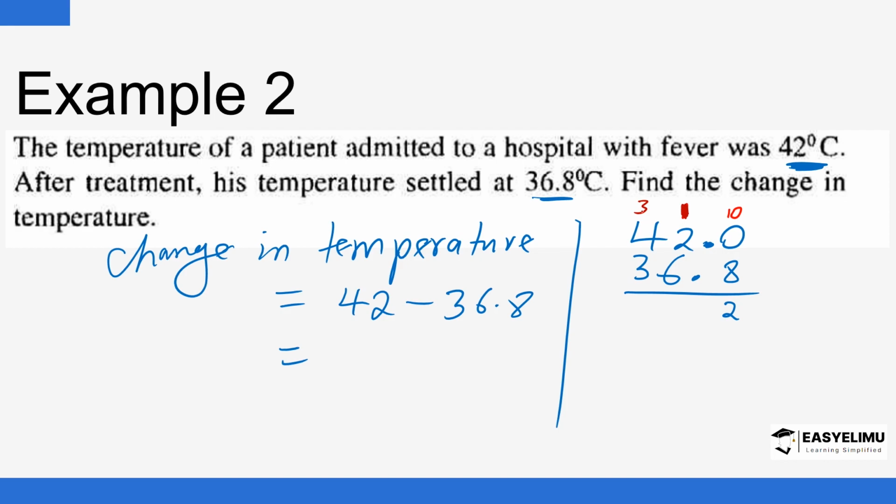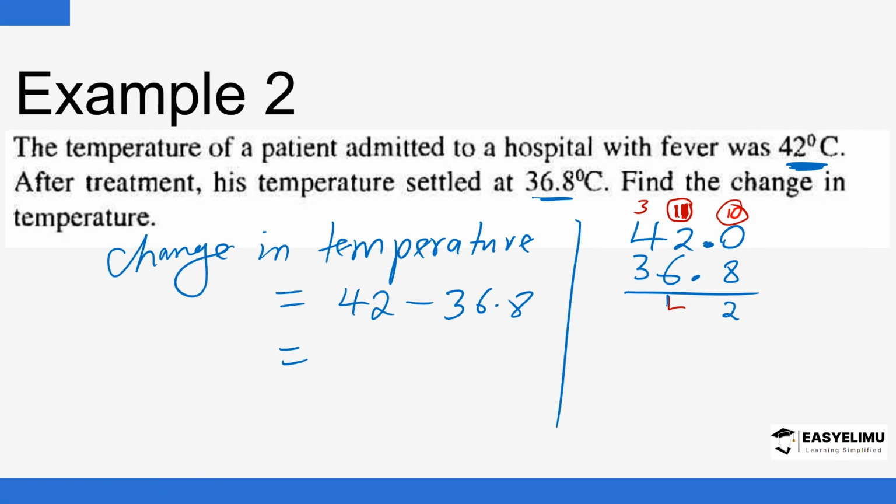Then again, we are borrowing 1 from 4, 4 remaining 3. But as we take that 1 next to the other 1, it goes as 10. So 10 plus 1 is 11. So 11 minus 6 is 4.